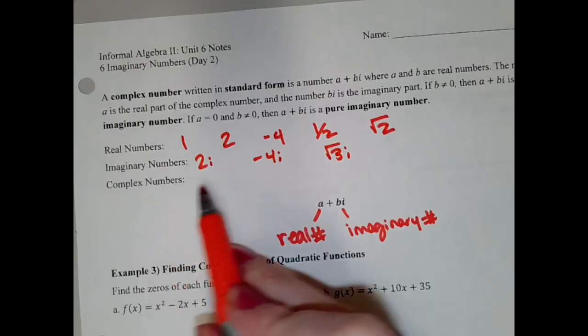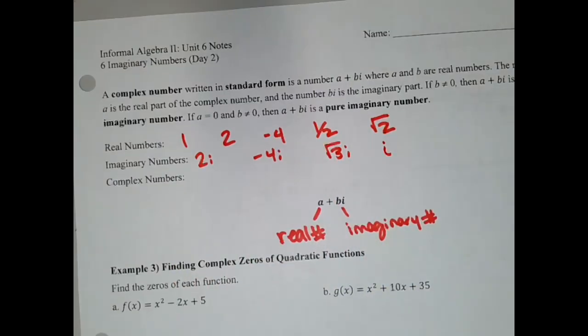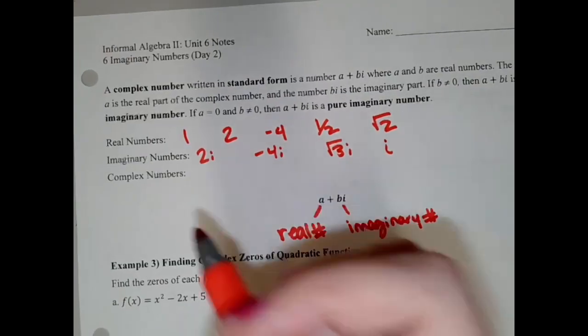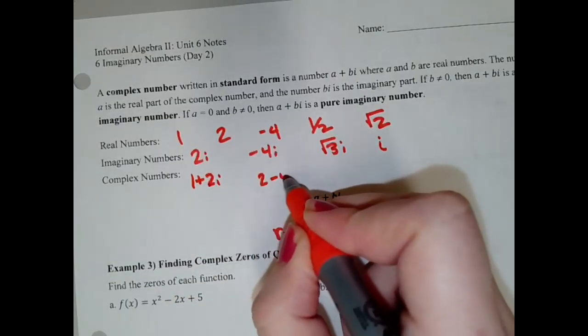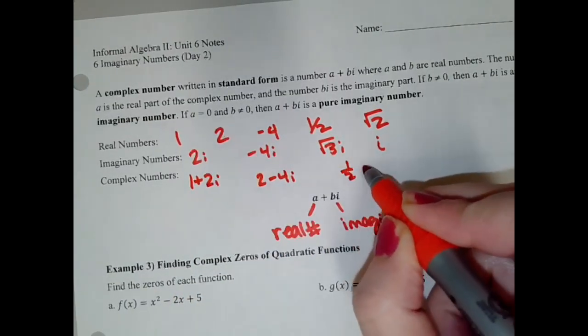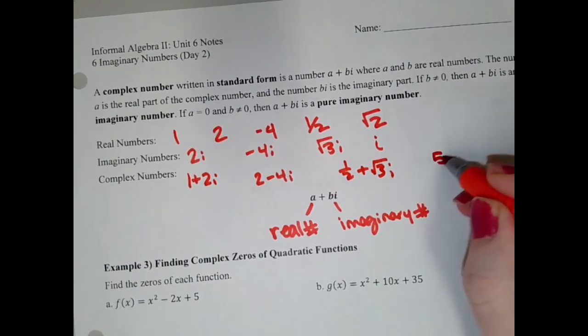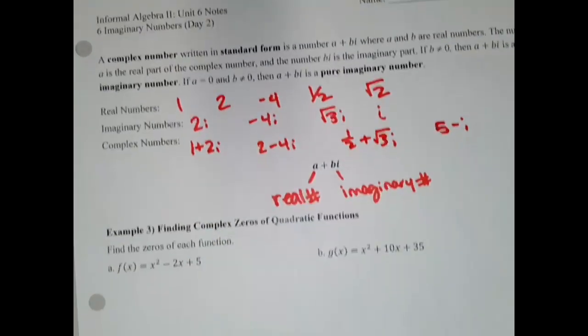So it's just the imaginary part. Maybe it's even just i by itself, but you're not adding any real numbers to it. So complex numbers would be like 1 plus 2i, 2 minus 4i, 1/2 plus root 3i, 5 minus i, whatever. It's a combination of real and imaginary.